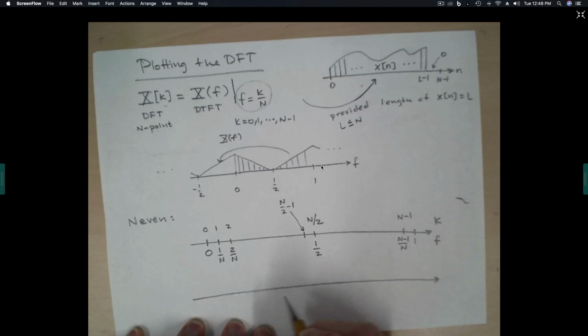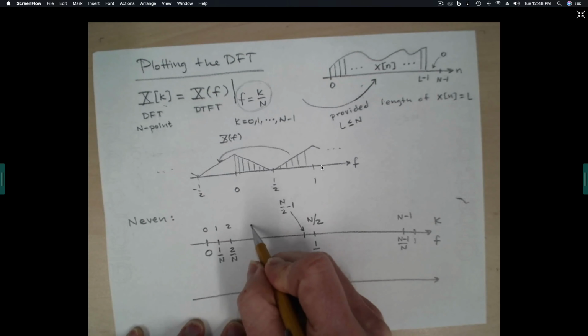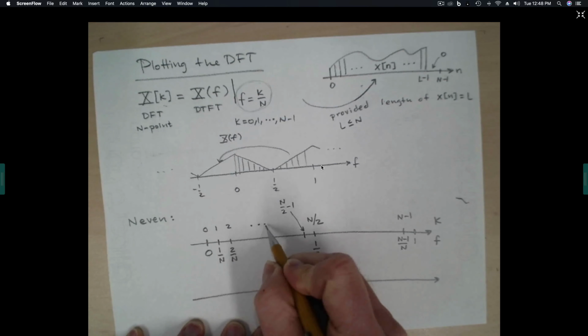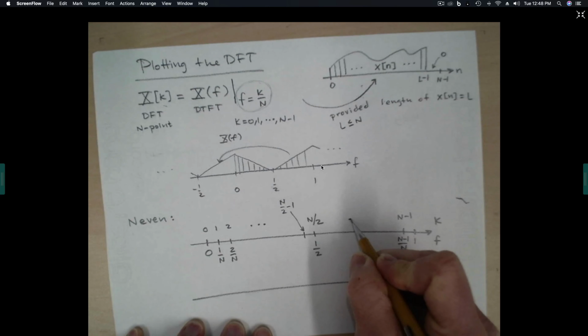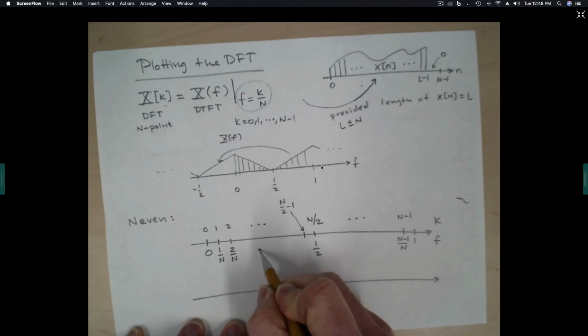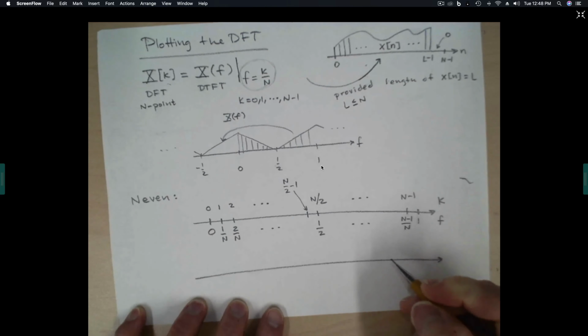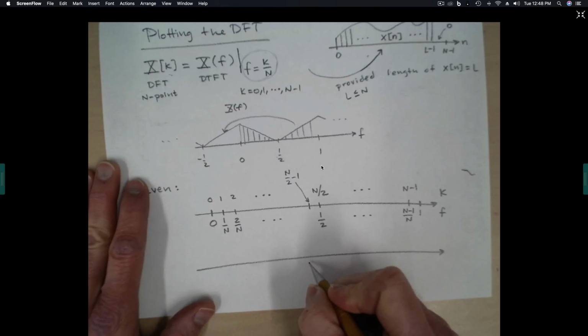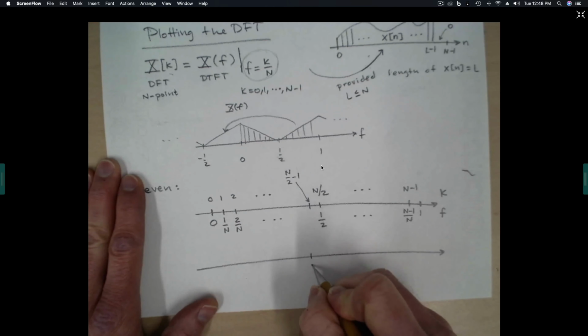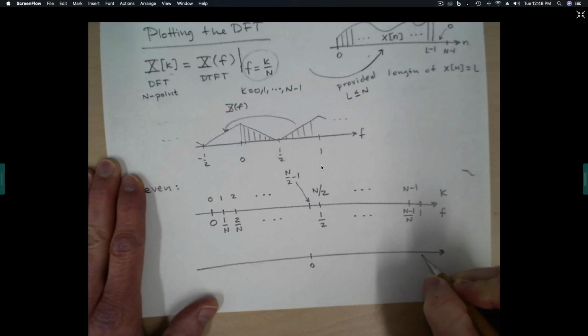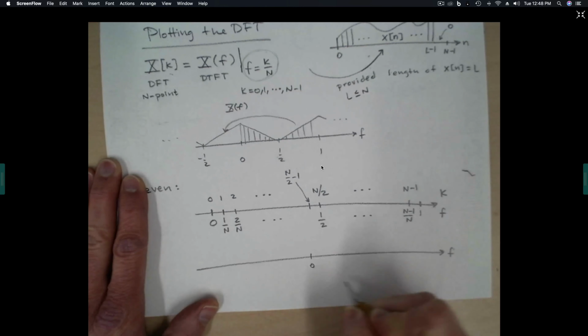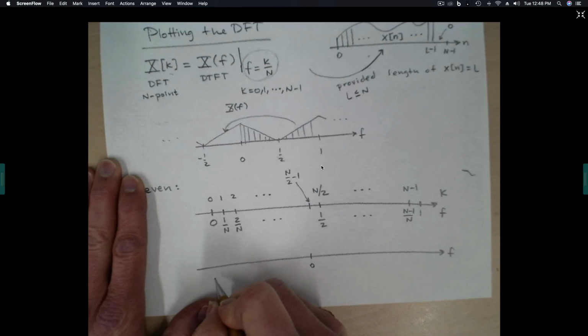All right. What we want to do now is see the relationship between these bin indexes and their corresponding frequencies, and make a properly scaled frequency axis with 0 in the middle, positive frequencies to the right and negative frequencies to the left.